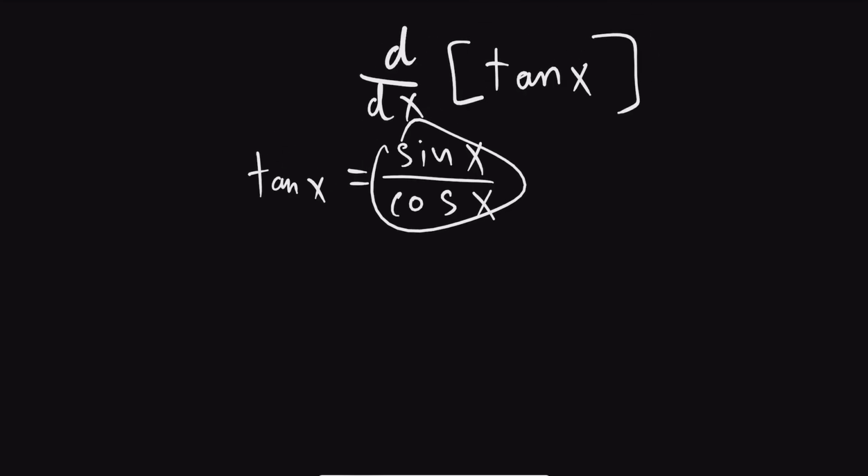So the first step obviously is recognizing that tan of x is equal to sine of x divided by cosine of x. And so this allows us to basically use the quotient rule in order to differentiate this quotient right here, sine of x over cosine of x.